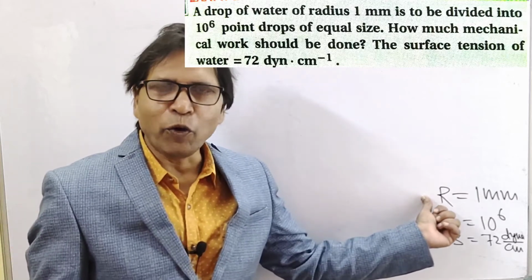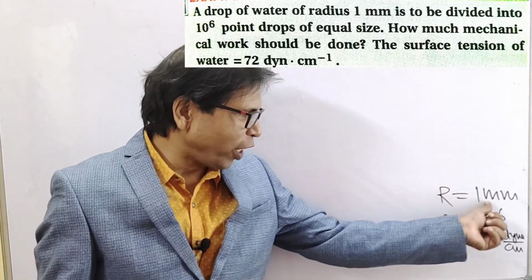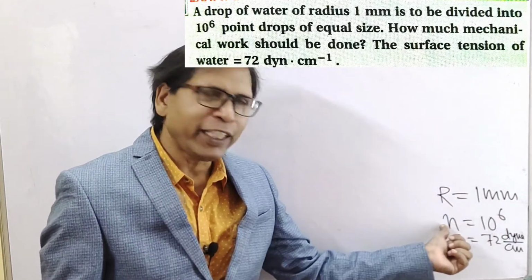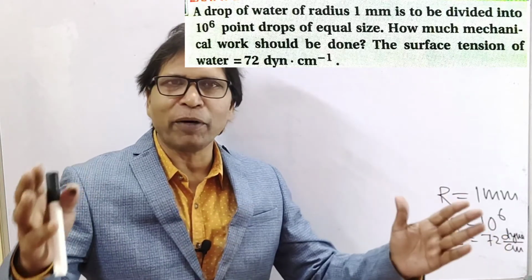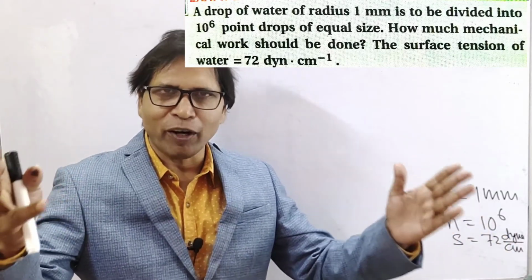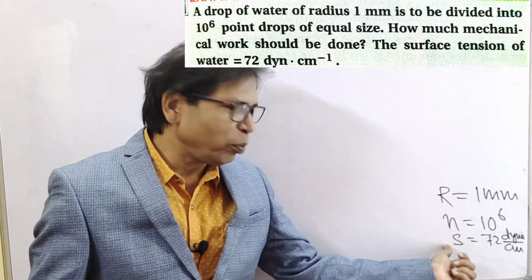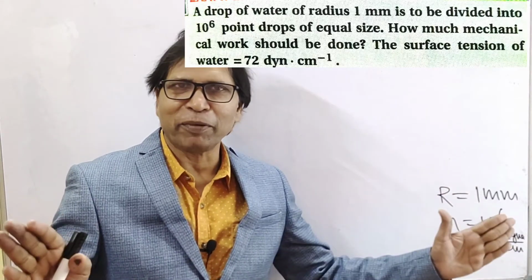Now look at this: a water bubble of radius 1 millimeter splits into 10^6 identical smaller bubbles. What will be the work done for this purpose?